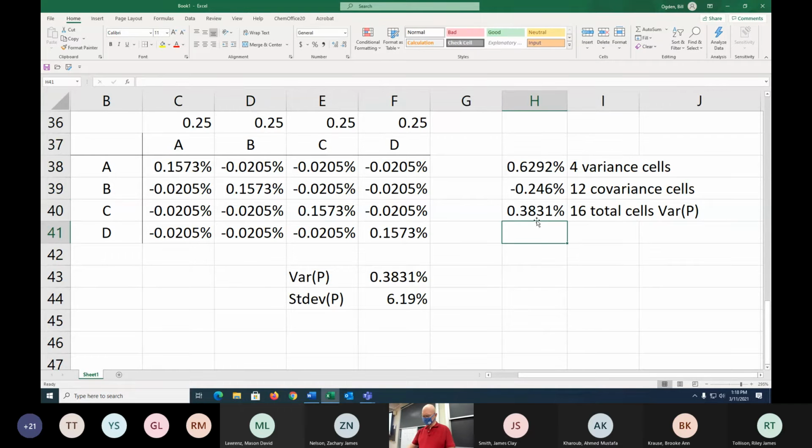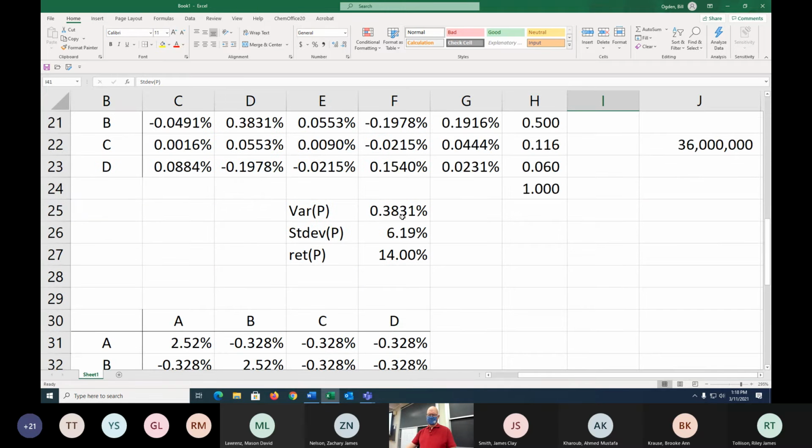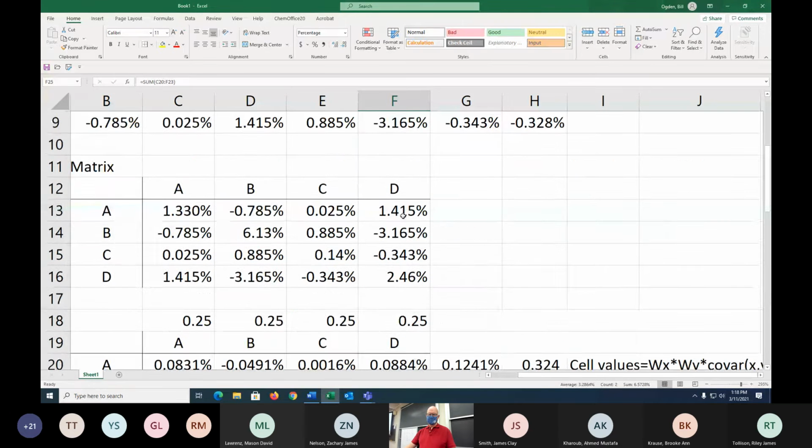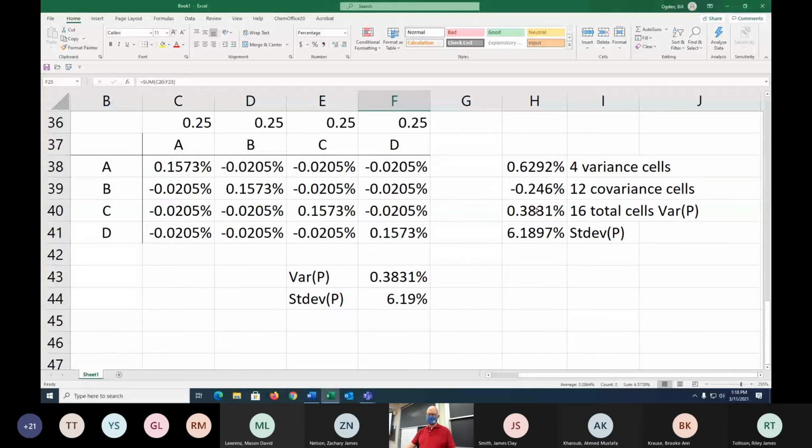Okay, we'll take the square root of this number. And this is the standard deviation of the portfolio. Okay. My point is, can you see that those are the exact same numbers that we've had all the way along? No matter which way we do it, we get these two numbers, right?